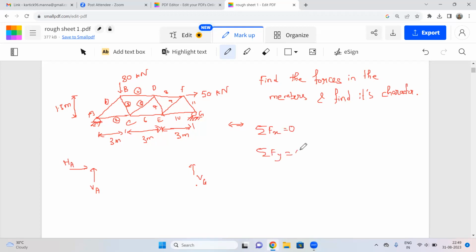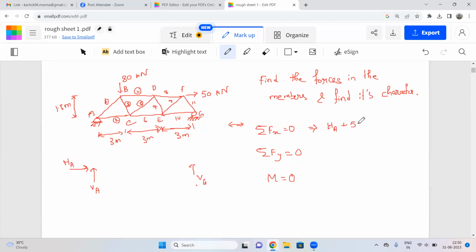From the first one, HA is equal to 0? Not 0. Here we have a 50 kilonewton force horizontally. Because we have assumed the direction of HA is this one, both directions are the same.